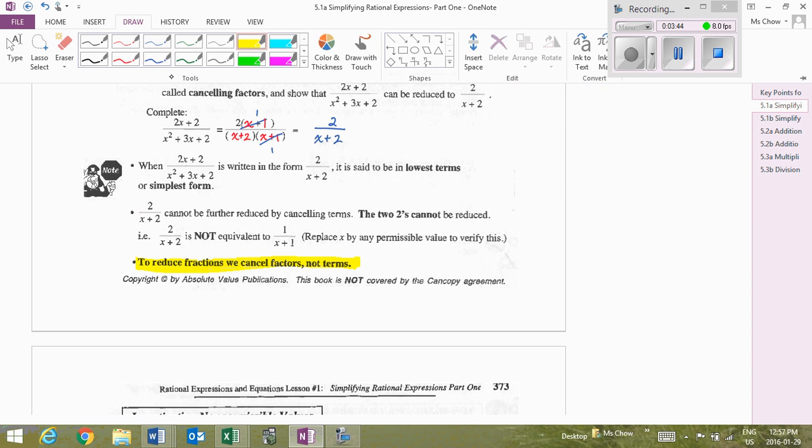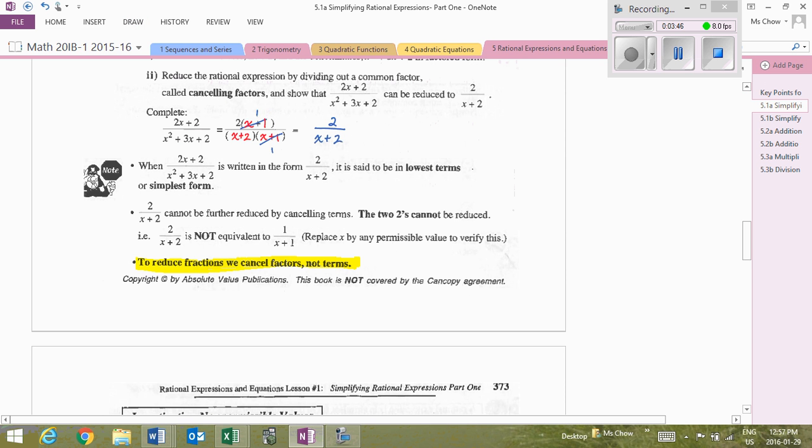Bringing it back to numbers as a reminder. For example, if you have something like 4/6, why do we reduce it to 2/3? Because we know that 4 is 2 times 2, and 6 is 2 times 3, and so 2 over 2 is the same as 1 over 1. That's why 4/6 is the same as 2/3. What can we not do?